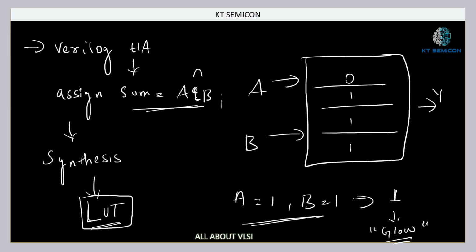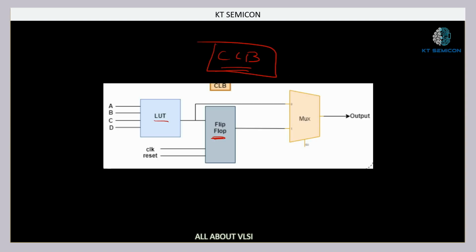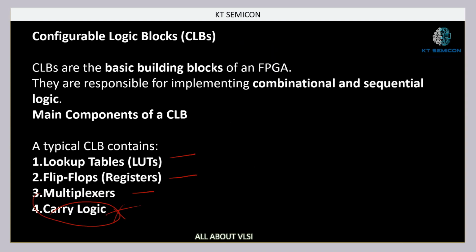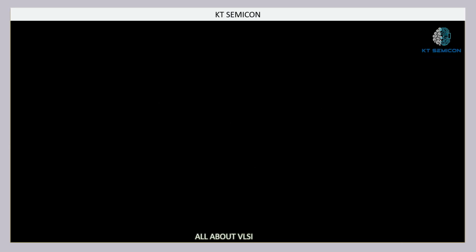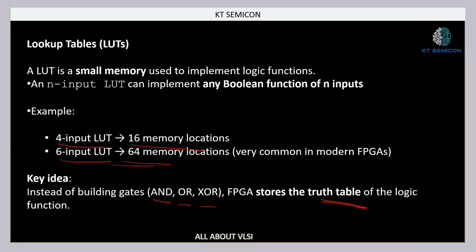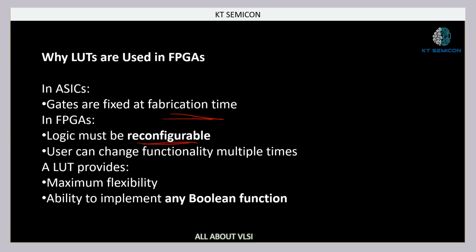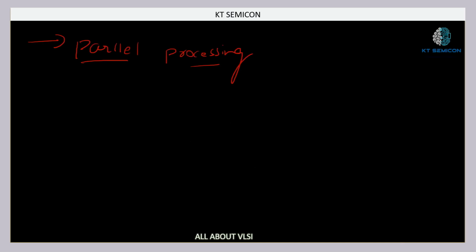And we have also seen how this LUT works and what configurability makes this LUT work, right? And what exactly this CLB contains, and what these lookup tables are, we discussed in our previous session, right?